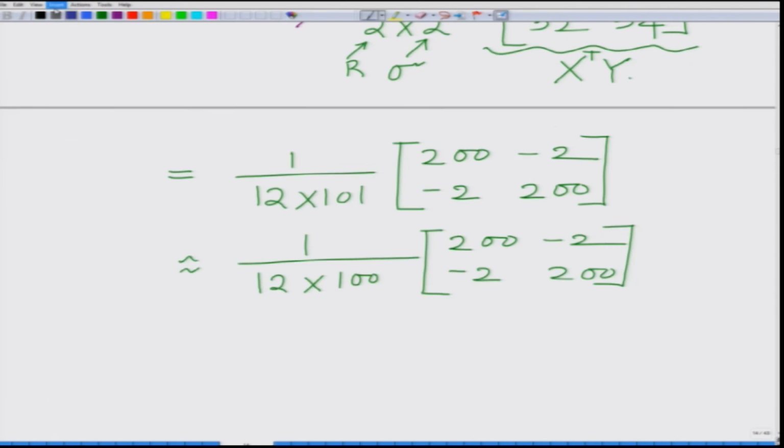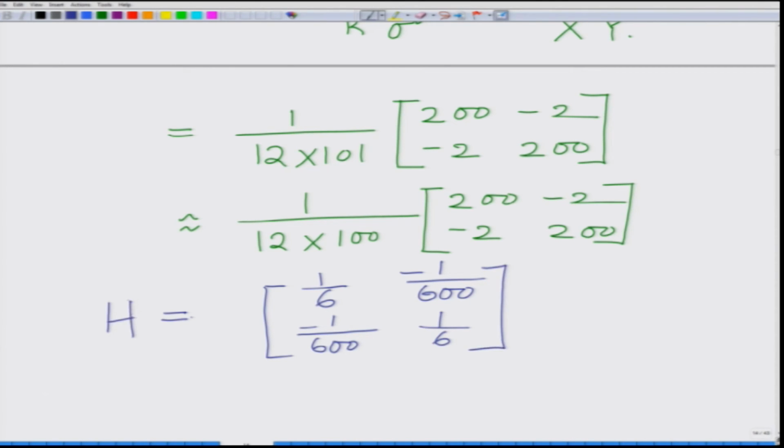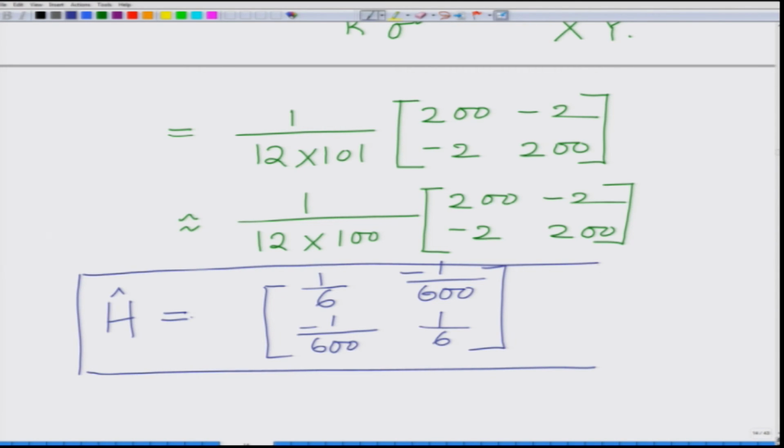And if you look at this, this will be equal to, I am sorry, 1 over 6, minus 1 over 600, minus 1 over 600, 1 over 6, and that is the estimate of your MIMO channel matrix.